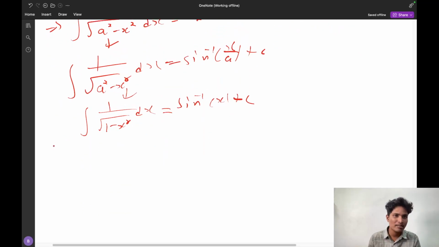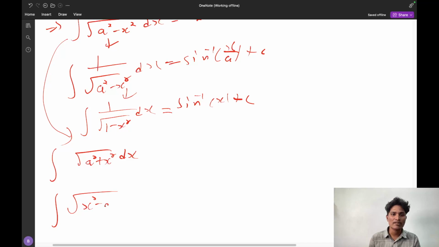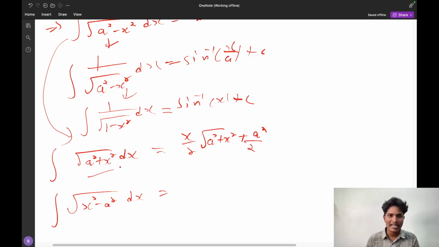And in a similar case here, there are two formulas again: root of a square plus x square, one formula, and another formula is root of x square minus a square dx. For the first, it will be x by 2 root of a square plus x square plus a square by 2 log of x plus root of a square plus x square.